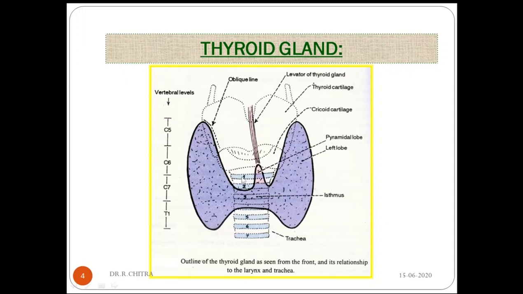That will be called high level tracheostomy or low level tracheostomy. And we can't open opposite to the second, third, fourth tracheal rings because this is the situation of the thyroid gland. In relation to the vertebra, opposite to the C5 to the T1 levels.